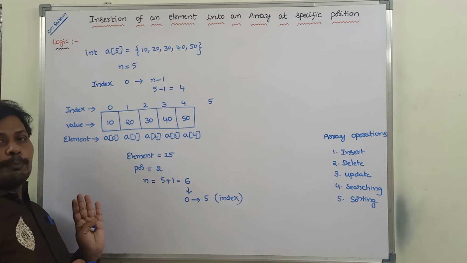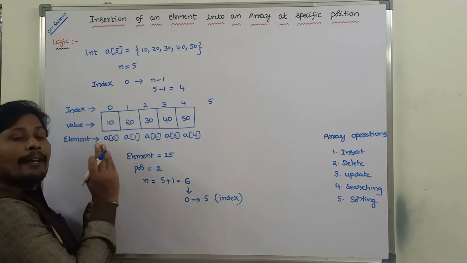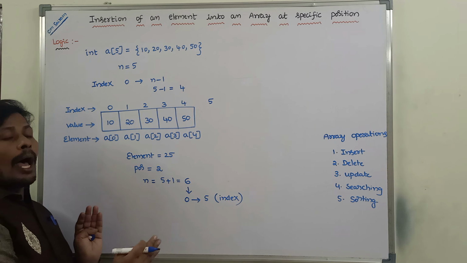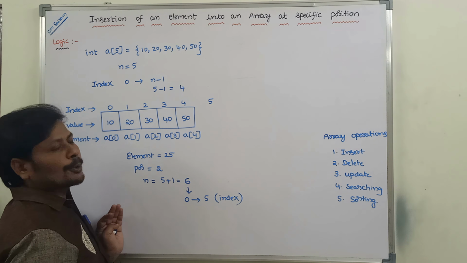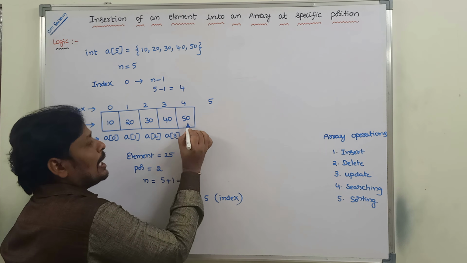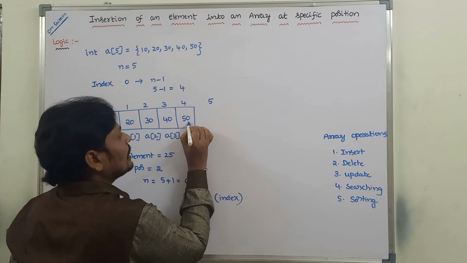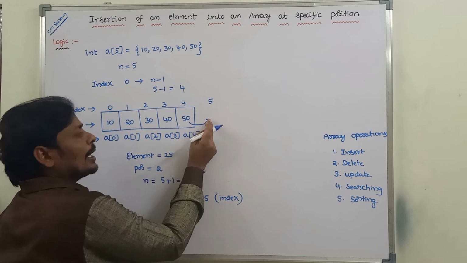For that purpose, we have to move each and every element from that position onwards one position to the right. That means the a[4] element can be shifted one position to the right, so 50 can be moved to this place.